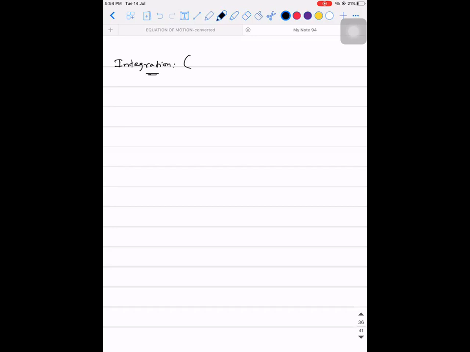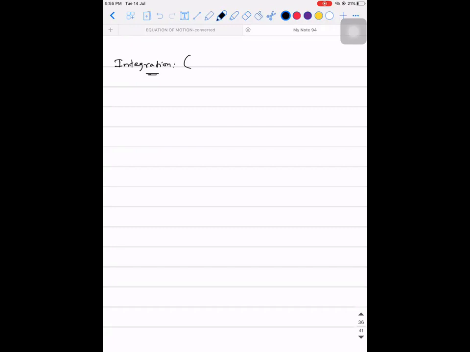When I ask you about differentiation, what would you say? I gave you the definition already. When you differentiate something, what is it you're getting? Slope of the tangent. You get the slope of the tangent to the curve at a particular point.